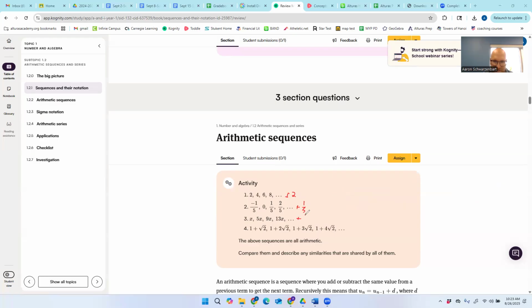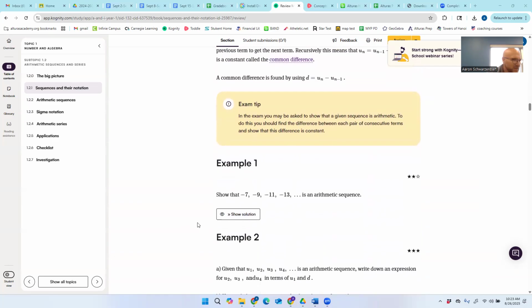Here we've got plus 4x. Here we've got square root of 2. All of those, I'm adding a square root, so I've got 1 plus 1 square root of 2, 1 plus 2 square root of 2, 1 plus 3 square root of 2, adding a square root of 2 each time. That's kind of an odd arithmetic sequence. But welcome to IB, where kind of odd is just normal.